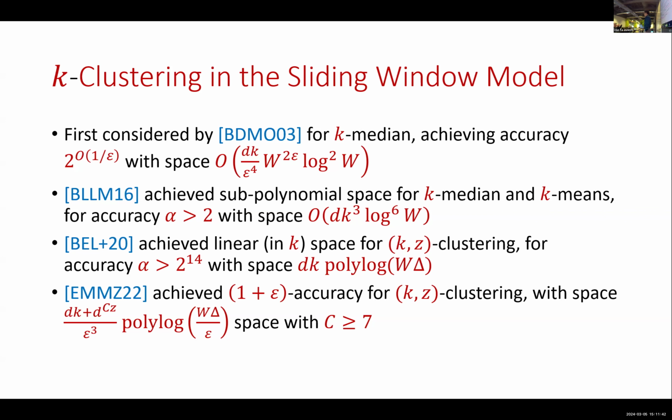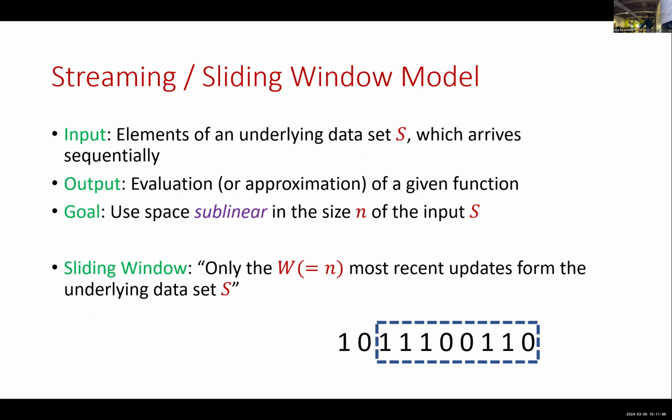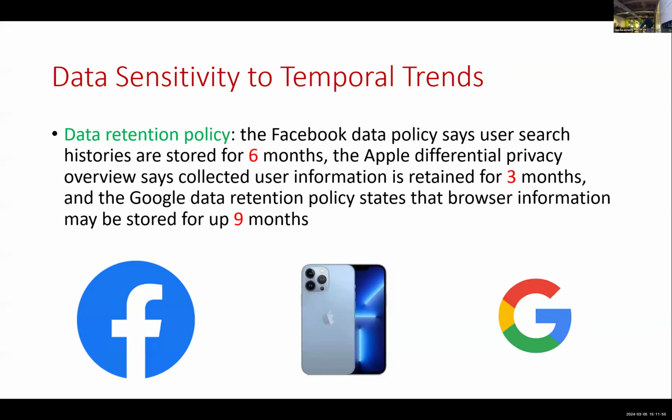Just a quick question about the motivation behind the model. You mentioned that up to 9 months you can use that. So does that mean that we have to run the streaming algorithm for 9 months for it to be relevant? Yeah, so this is more motivation. I'm definitely not claiming that Facebook is running the streaming algorithm in the background.